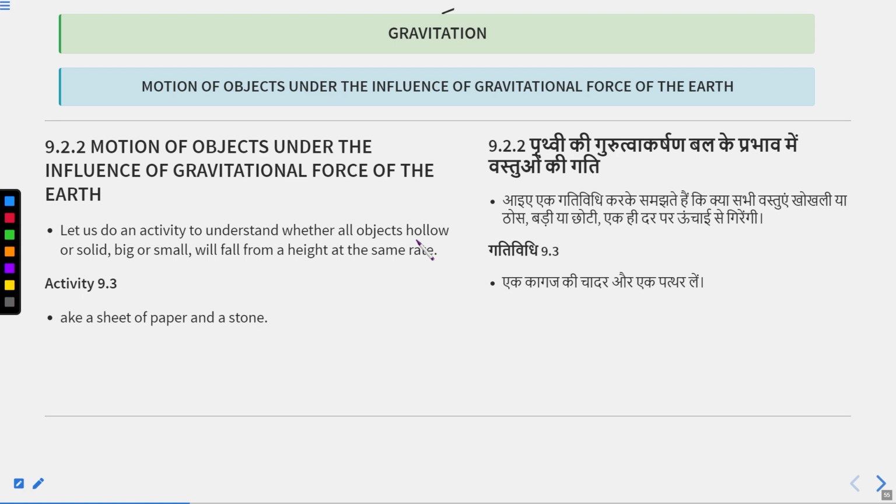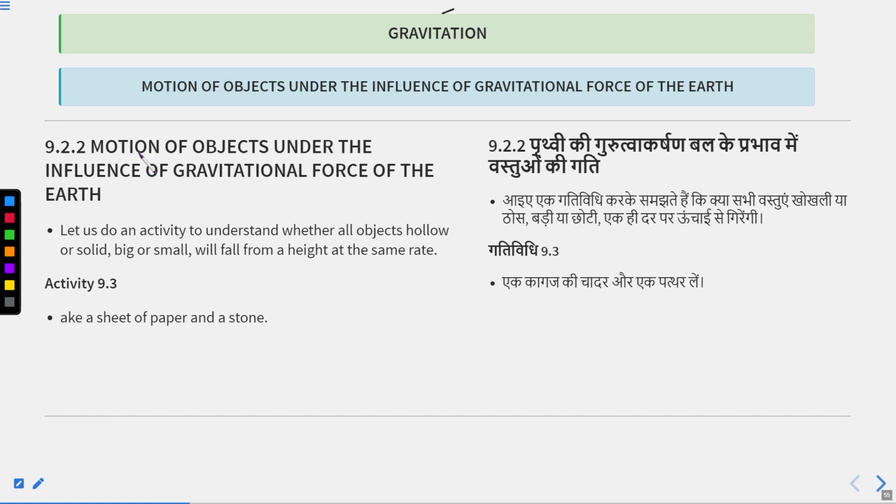Okay, now motion of object under the influence of the gravitational force of the earth. So we have completed the previous part, where we have seen that any object can fall under the influence of gravity with an acceleration, and that acceleration is gravitational acceleration, and the value of gravitational acceleration is 9.8 meter per second square.